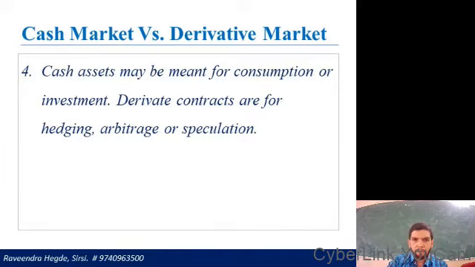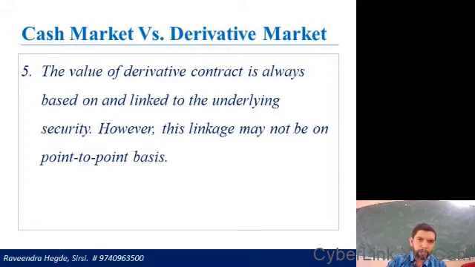Derivative contracts are for hedging, arbitrage, or speculation. Now you already understood the meaning of hedging, arbitrage, and speculation. The value of derivative contract is always based on and linked to the underlying security. However, this linkage may not be on point to point basis.